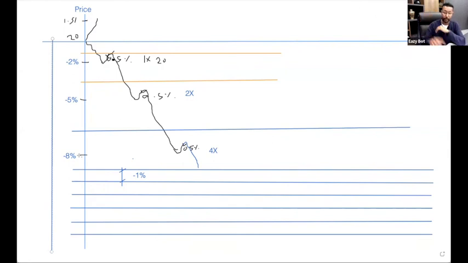So 35 minus 3 is 32 trades down, 1%, 1%, 1%, up to 35 down. So the total coverage of the market here is approximately 51%, in the worst case scenario.